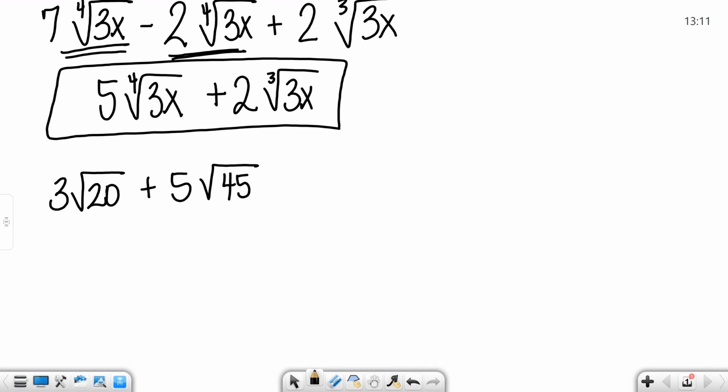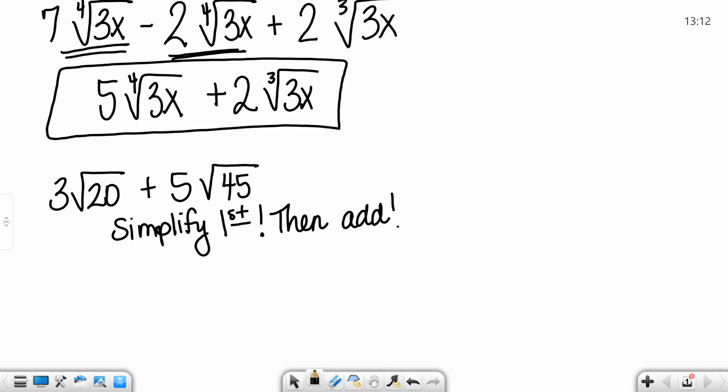Okay, so this time I don't appear to have any like terms, but we are not finished because I can simplify these first. So we're going to simplify first, and then we're going to try to add. So the square root of 20, I think of it like 4 times 5.